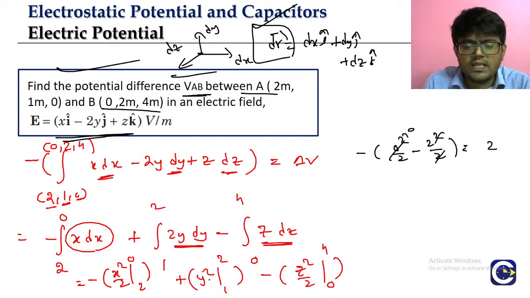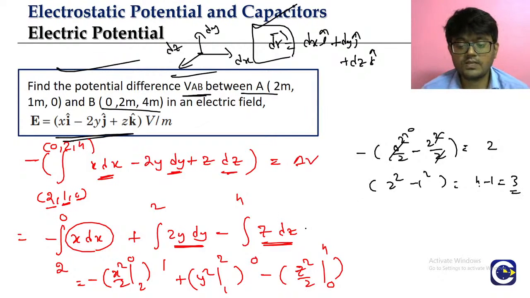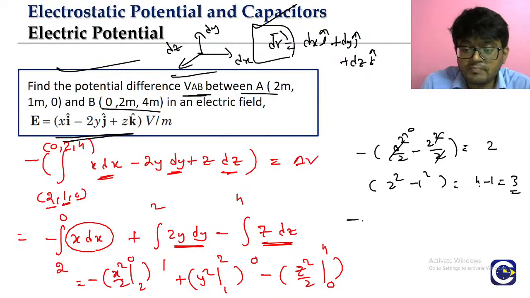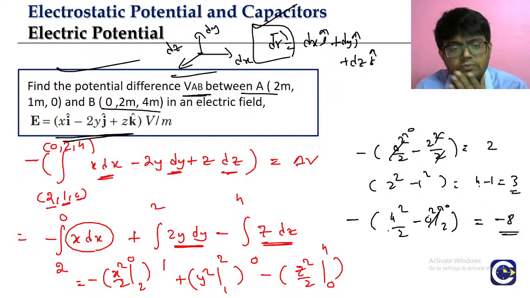Second term: y square with limits 1 to 2, which is 2 square minus 1 square, which is 4 minus 1, that is 3. Last term: minus z square by 2, limits 0 to 4, which means 4 square by 2 minus 0 square by 2. 0 square is 0 only, 4 square is 16, so 16 by 2 is 8. So here we will get minus 8.